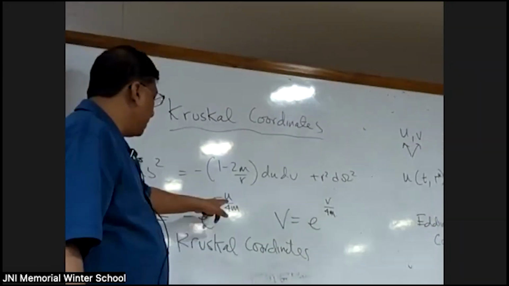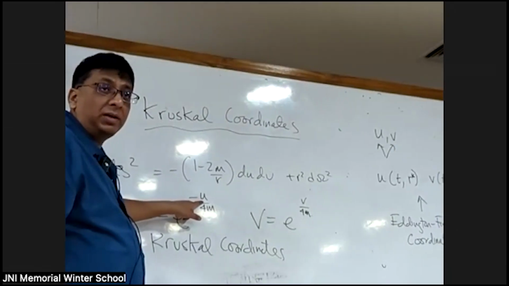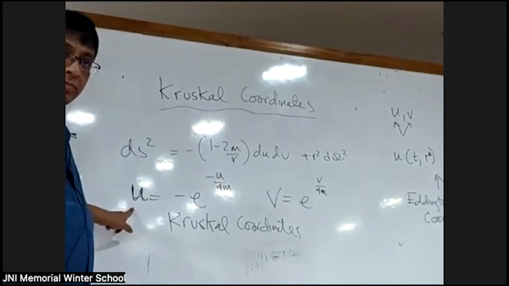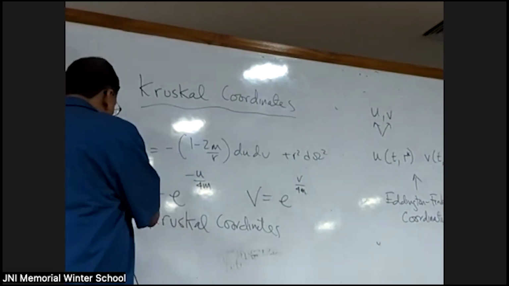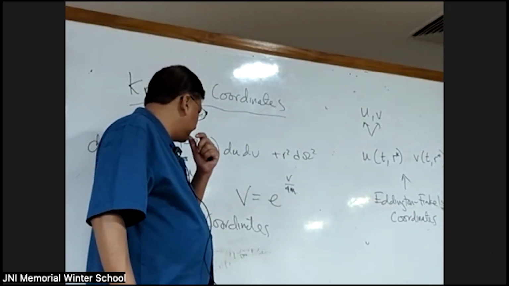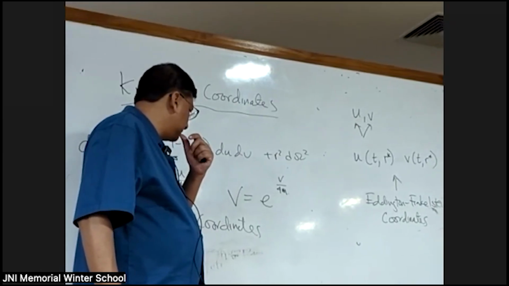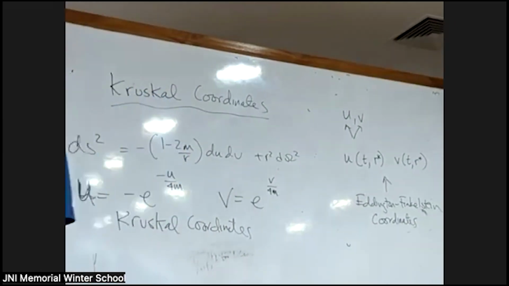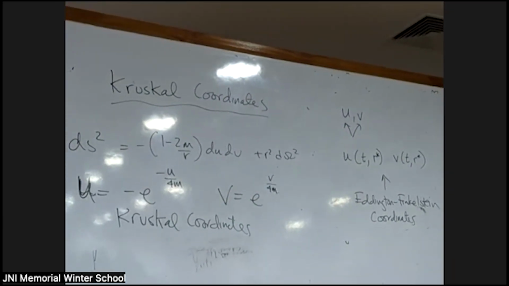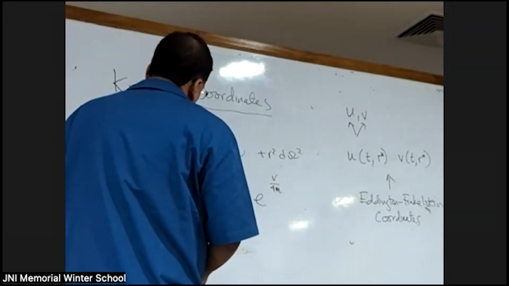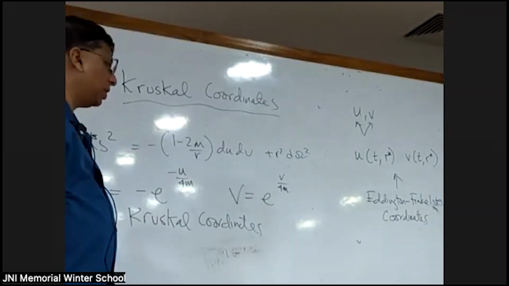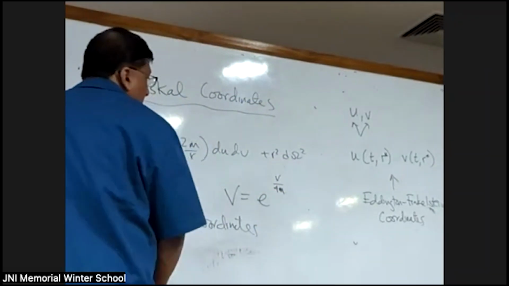Do you see that small u equal to infinity has a finite value of big U? So this is doing a job of taking the coordinates and shrinking them, so that the metric looks like this.